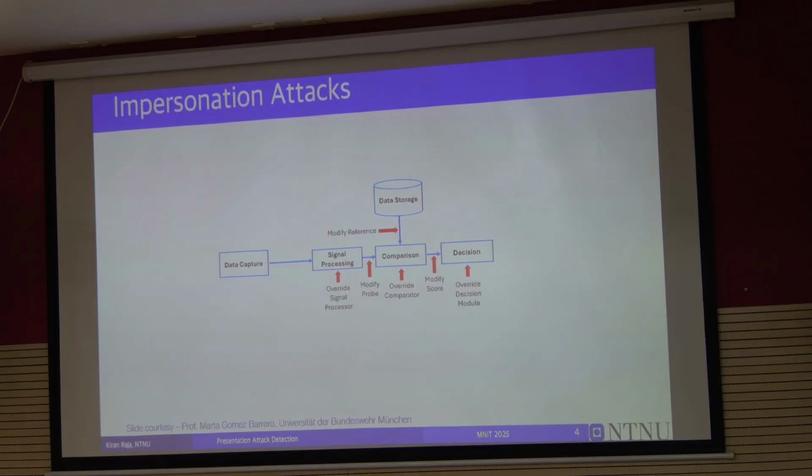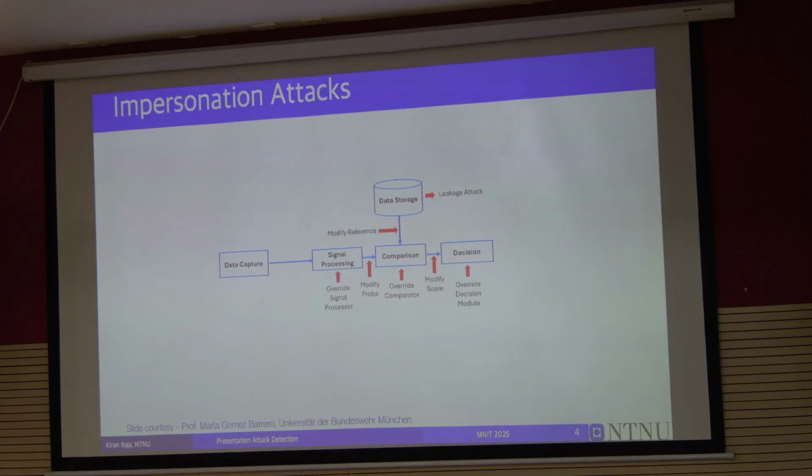More recently, a very active area of research is how I can modify the reference template so that I can attack the database itself, how I can modify the probe which I have control over, and how I can modify the score. All of these are different areas of research by themselves, and some works talk about how to unify all these different attacks.